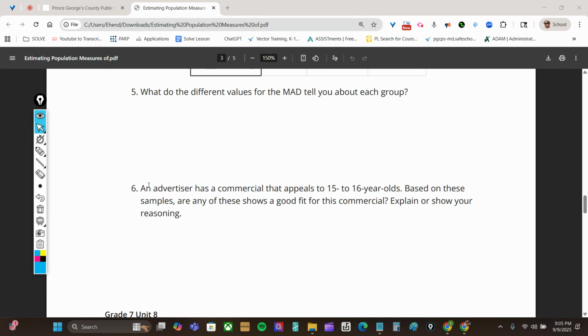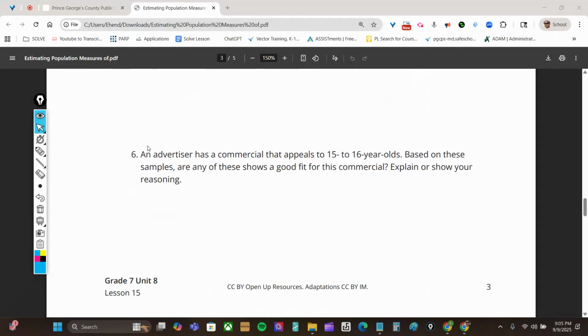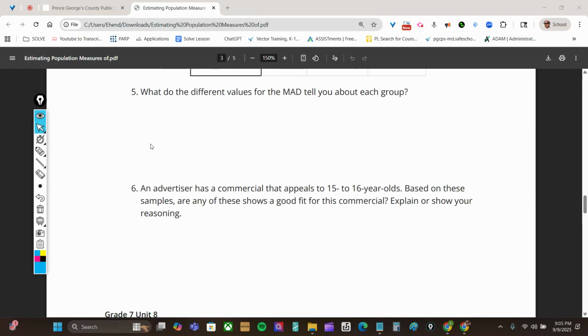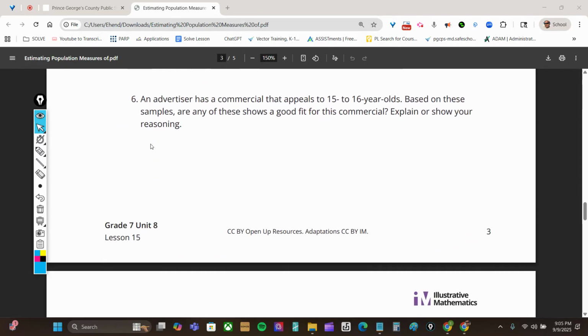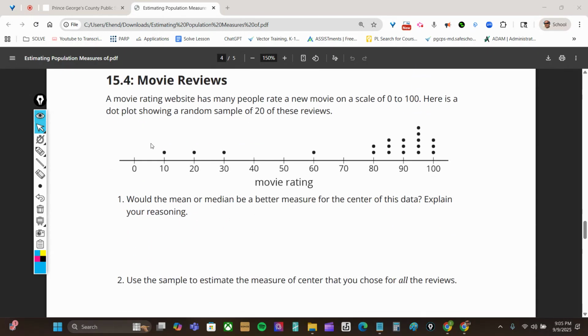Based on these samples, are any of these shows a good fit for this commercial? Explain or show your reasoning. Okay, we may skip that question. If not, we'll answer it in class. Okay, and then let's move on to this section. So take a moment to read this.